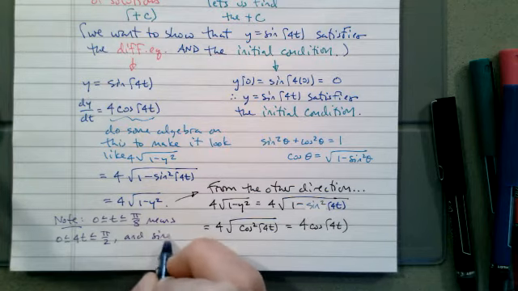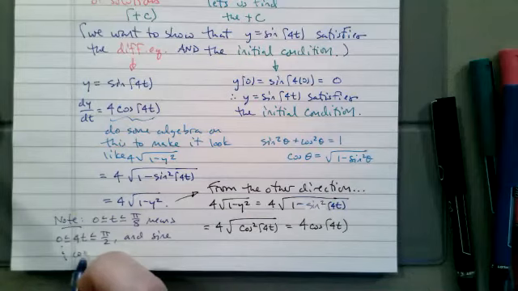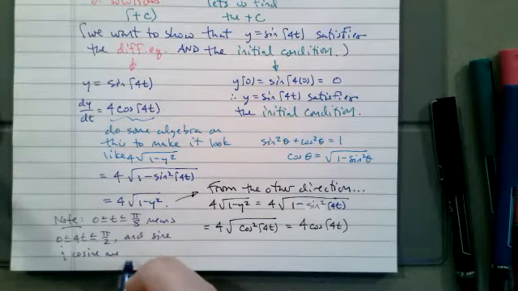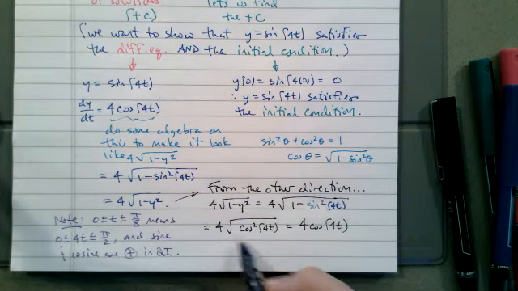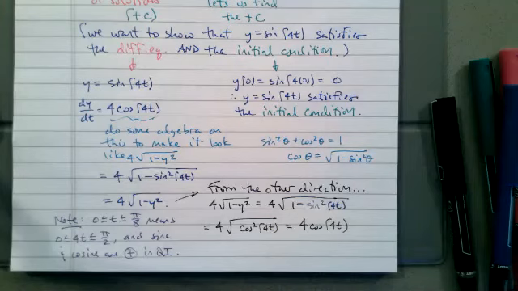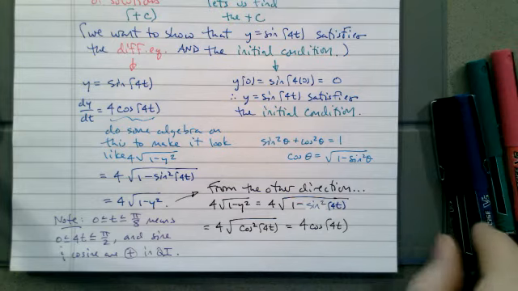When we take the square root of cosine squared, that should be the absolute value of cosine of 4t. But since we're in the first quadrant, we can just keep it that way.